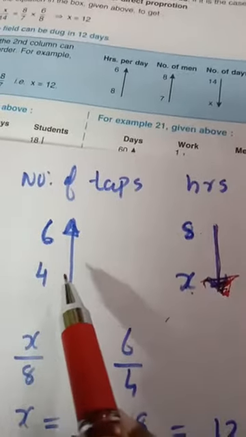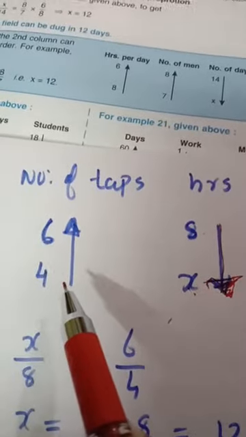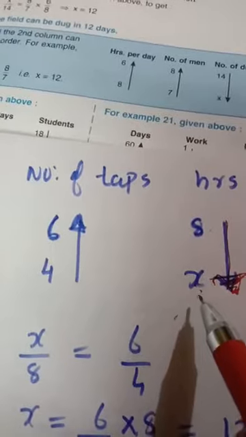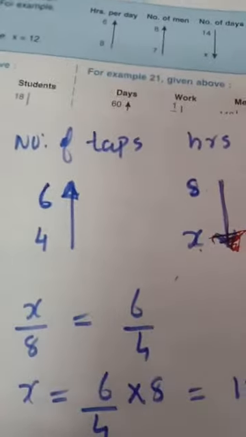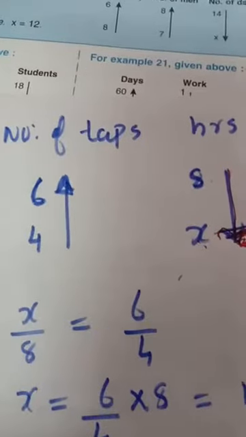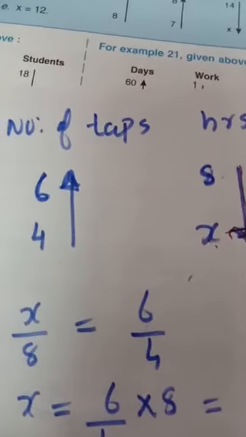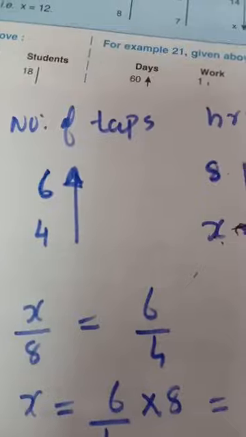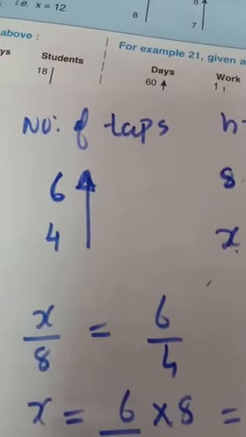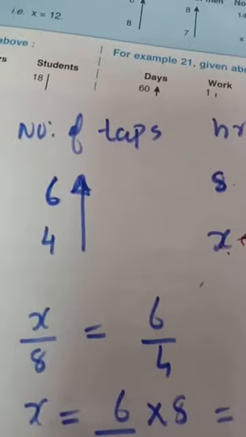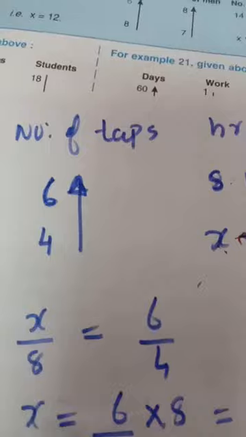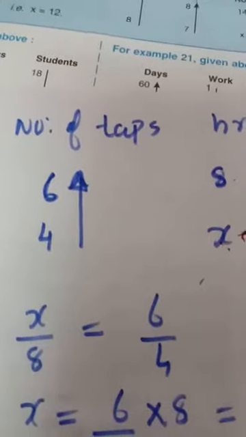Suppose only 4 taps are there, then it takes much more time to fill that tank. With 4 taps it takes more time compared to 6 taps. With 6 taps, the tank fills within very little time, only 8 hours. You just think.